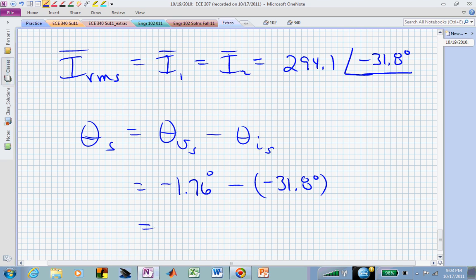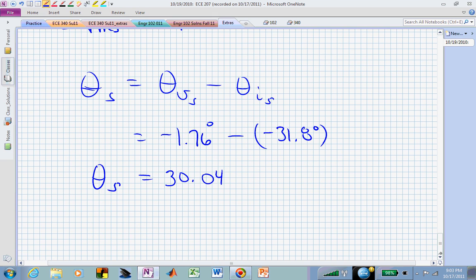And now if we take 31.8 and subtract from that 1.76, we now have an angle of the supply, or the source, of 30.4 degrees, which now allows us to find the power factor of the source side.